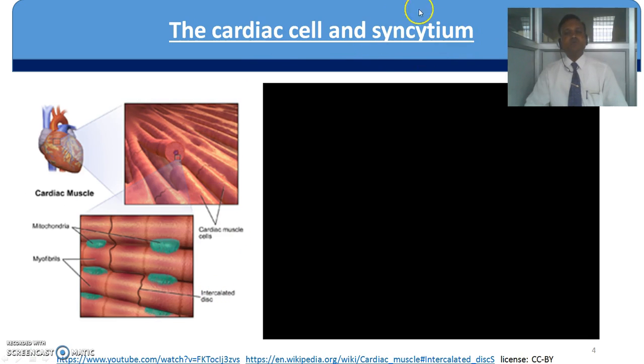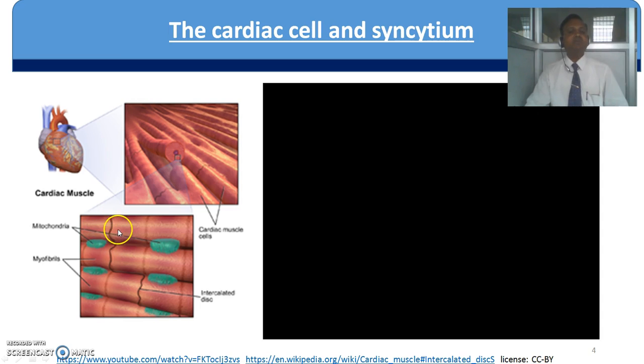Another important word about the heart is syncytium. The meaning of syncytium is a cell which has multiple nuclei and only one set of cytoplasmic material. This is not true about the heart. There are distinct cells in the cardiac muscle fibers, but they are separated by a very thin disc present between two cells, and that disc is called the intercalated disc.